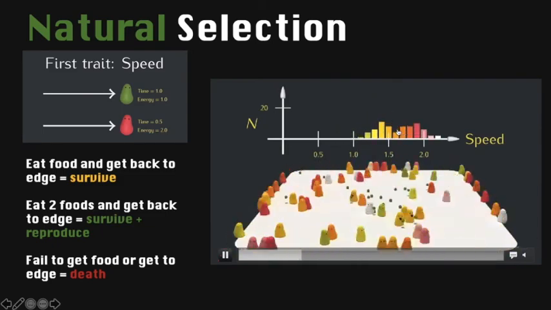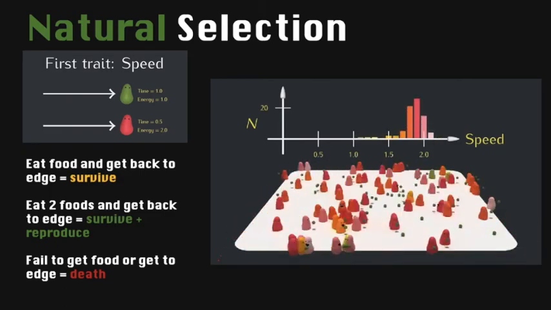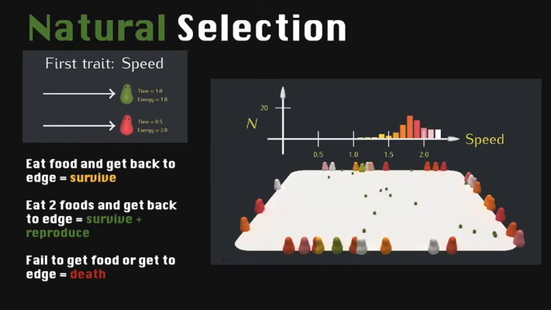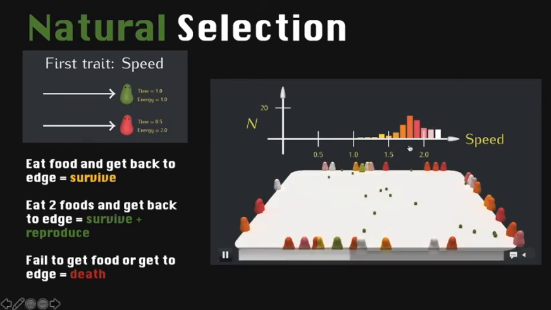Because natural selection favored speed, the entire population is now faster than they were to begin with. Notice that even the slowest individual in this population is still faster than where they started out.